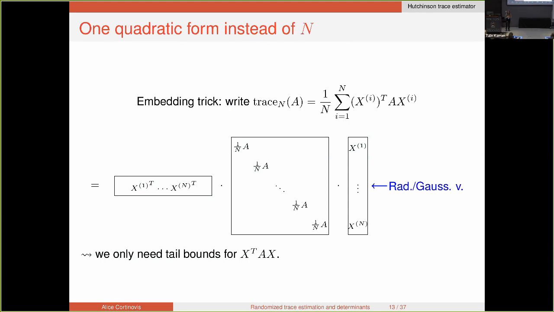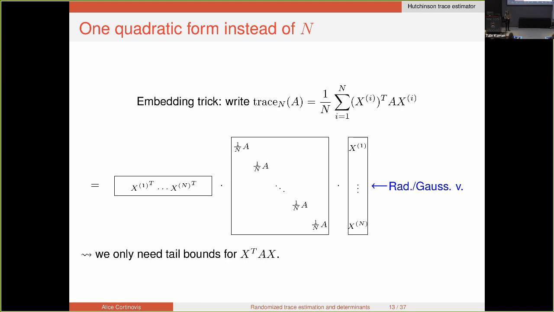So first of all, I claim that it's sufficient to look at bounds for only one quadratic form, because you can write the Hutchinson trace estimator as one quadratic form, corresponding to a big block diagonal matrix containing rescaled copies of A on the diagonal, and a long vector obtained by stacking one after another all the x1 until x capital N. So we only need tail bounds.